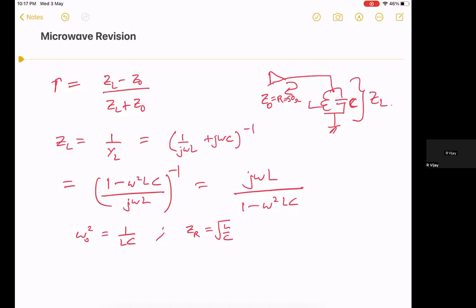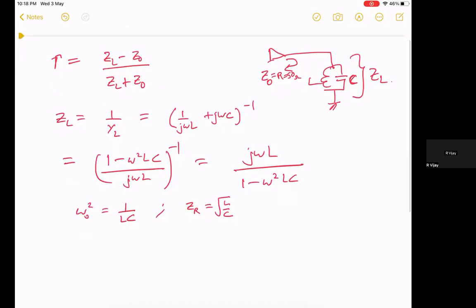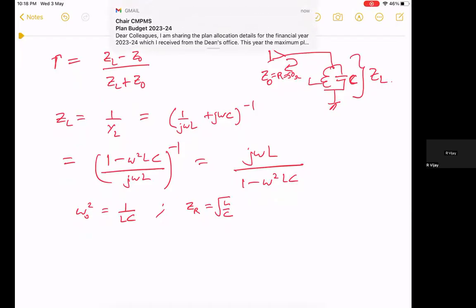And this is a natural thing to do because what you are interested in is the resonant frequency response, or the response of this near the resonant frequency. So defining that basically gives you a natural way of, so it sort of becomes independent of the values of L and C in some sense, except for the way it enters the Z of R. And you will see later on what role Z of R plays in the resonance, because you know that the only other parameter which sort of defines the characteristic of a resonance is the width of the resonance.